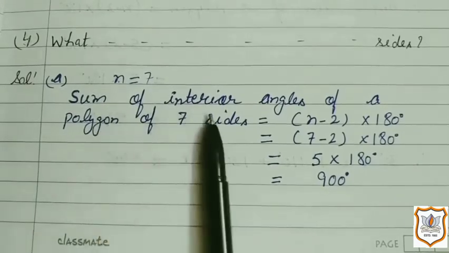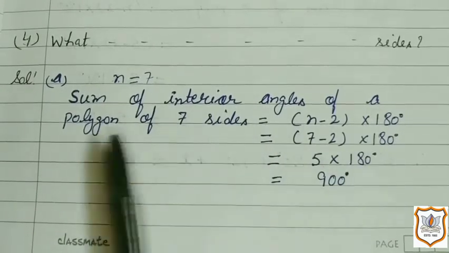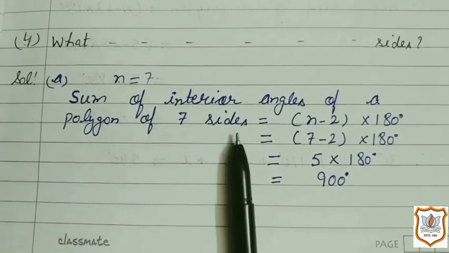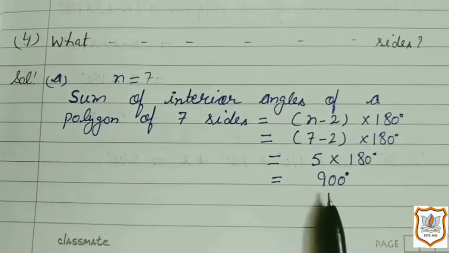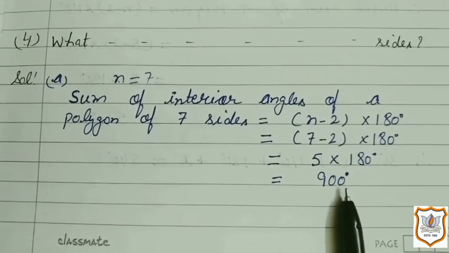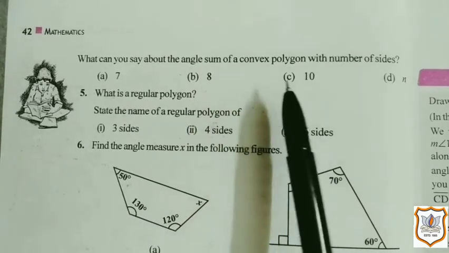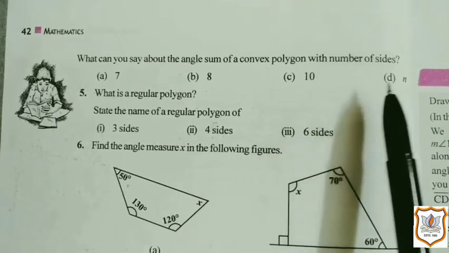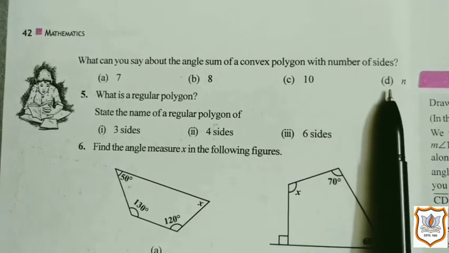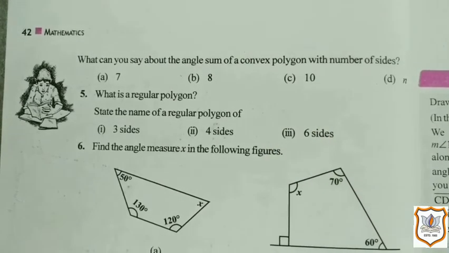So the sum of interior angles of a polygon of 7 sides is 900 degrees. Students, B part, C part and D part, you have to solve by yourself.